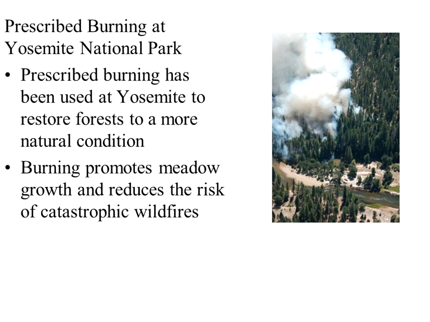So burning promotes meadow growth, and it gets rid of a lot of these, quote, weedy trees that grow in between the more mature trees, and it reduces the risk of catastrophic wildfires. And the parks are using this extensively because a catastrophic wildfire is much more troublesome to a national park that gets a lot of visitors than a less damaging fire. And with prescribed burning, you can manage that.